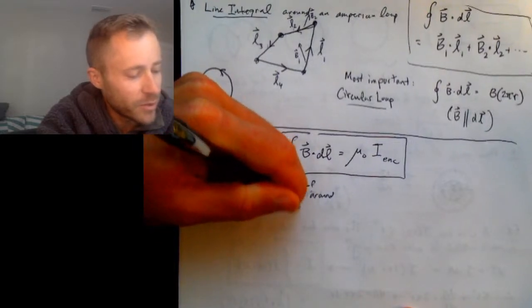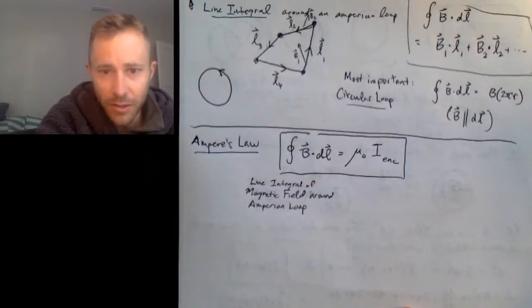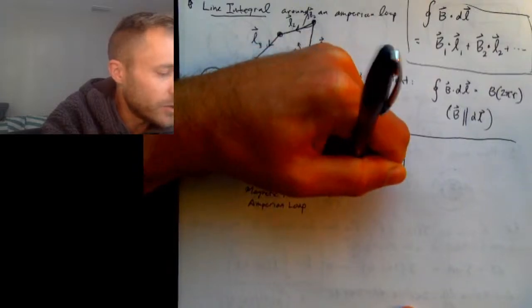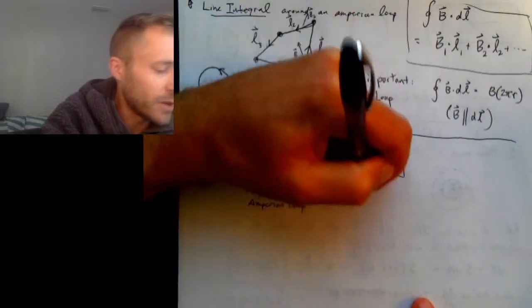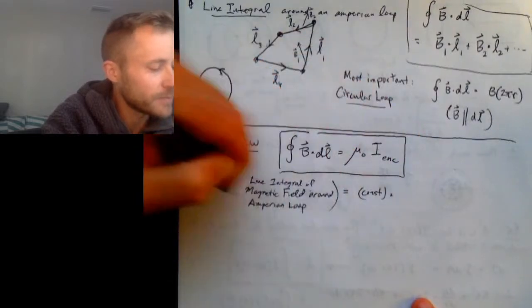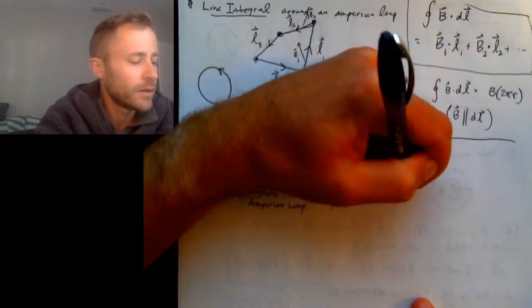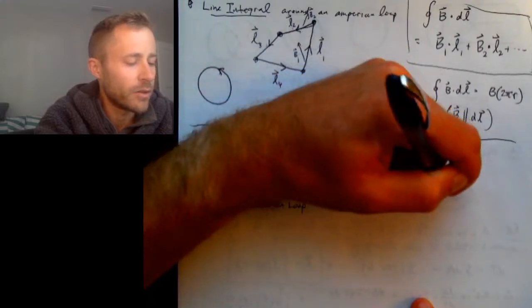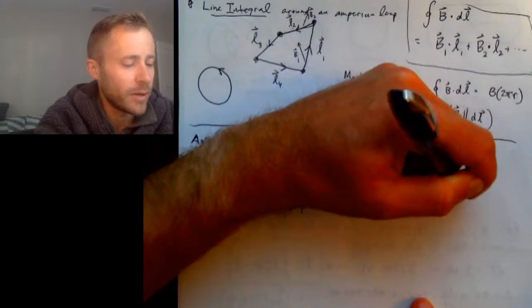So an Amperian loop is kind of like the magnetic analog of a Gaussian surface, is equal to a constant times the current enclosed by the loop.